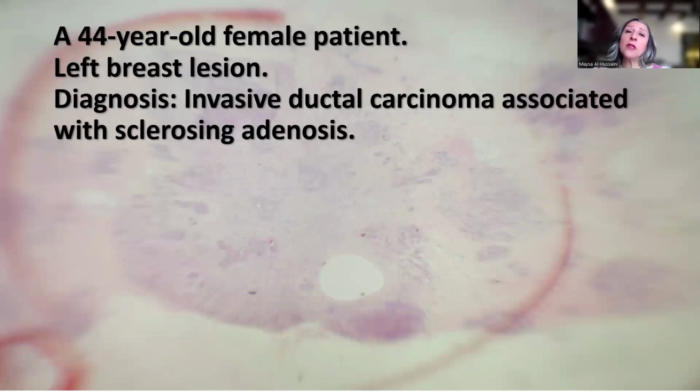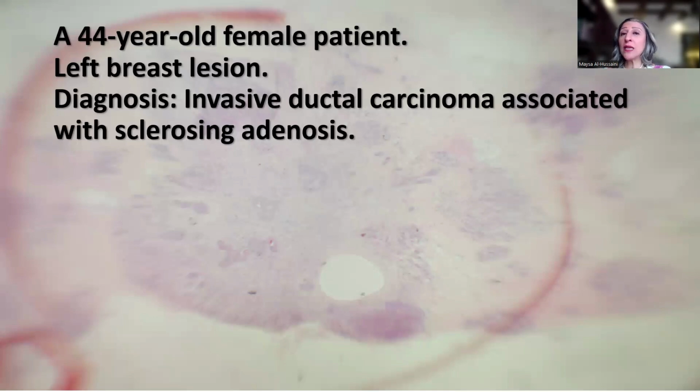However, a potential pitfall is that on occasions, the invasive ductal carcinoma cells themselves, rather than the myoepithelial cells, can be positive with P63, a potential pitfall that you should pay attention to.